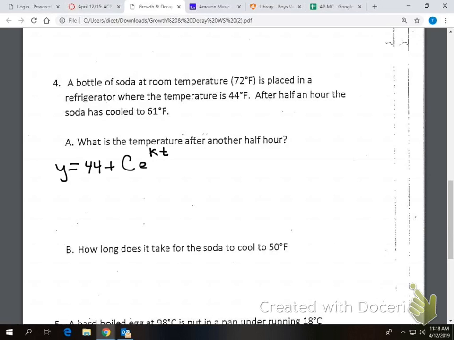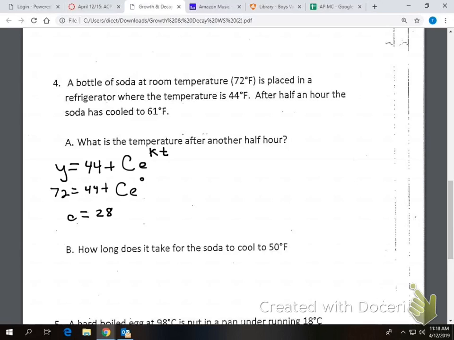So we say, before we even put it in there, 72 equals 44 plus C e to the 0, because at time 0 this just becomes e to the 0, which is 1. So C would be equal to 28.